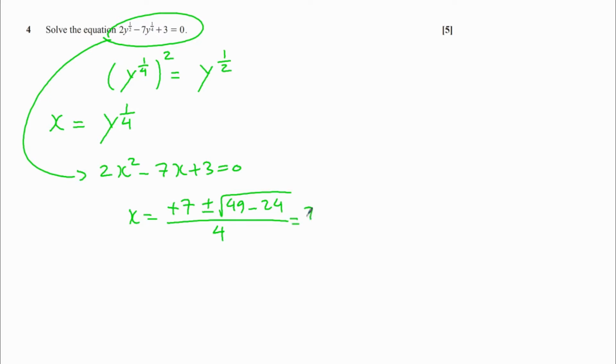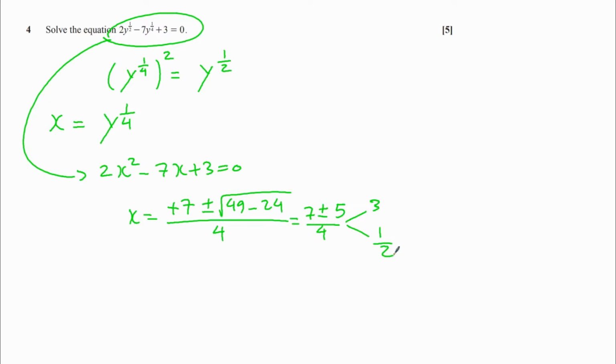So this would be 7 plus or minus the square root of 49 minus 24, which is 25. The square root of 25 is 5, divided by 4. So the answers here: 7 plus 5 is 12, divided by 4 is 3. 7 minus 5 is 2, divided by 4 is 1 over 2.